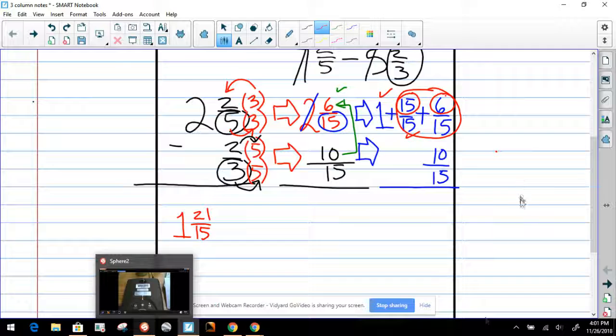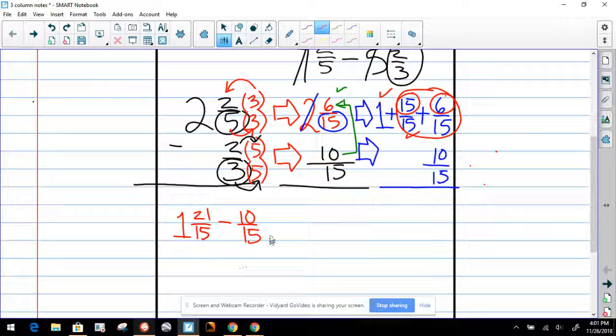So now we're going to subtract 10/15ths from it, minus 10/15ths. And when we do that, the 1 stays the same. Take away 10 from 21 equals 11, and that denominator is the same.